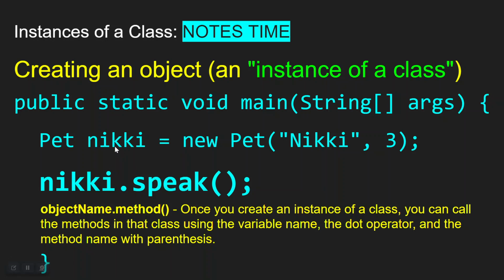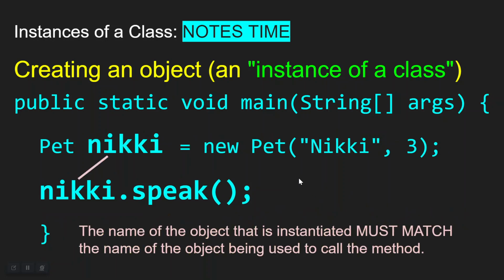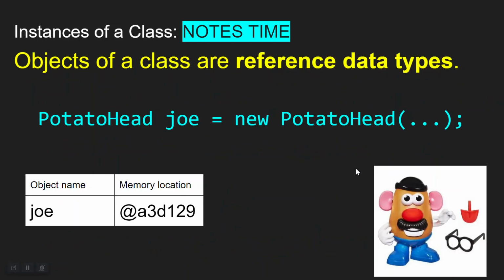I'm using my object name right here, and there must be a speak method that has been defined inside that class file. It's very important to note that the name of the object that is instantiated must match the name of the object being used to call the method. However you spell this, you have to make sure that you continue to spell it correctly. You've got to be consistent.